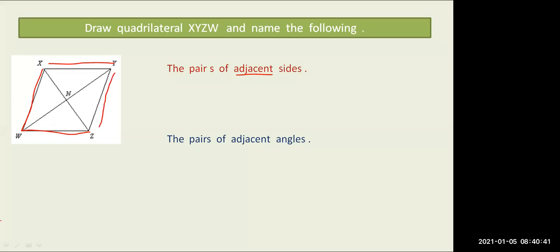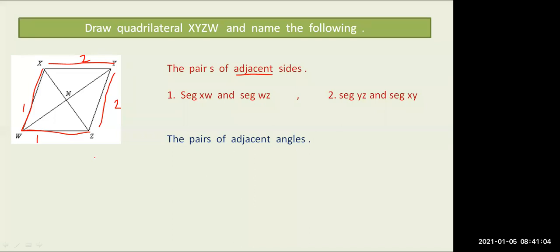So the pair of adjacent sides, segment XW and segment WZ, this and this, because ये बाजू बाजू में है. And the next pair is this and this, XY and YZ. So these are the pairs of adjacent sides. The sides which are neighboring to each other are called adjacent sides.